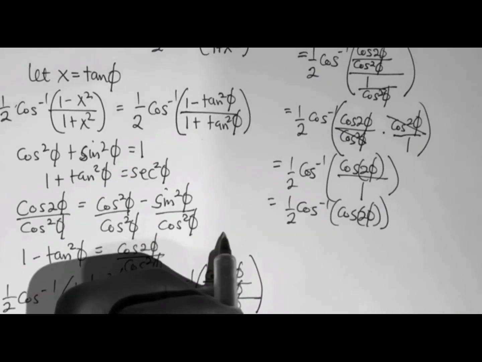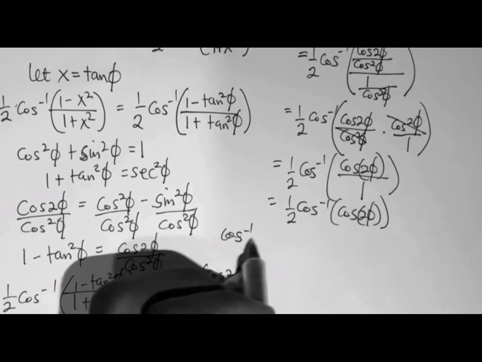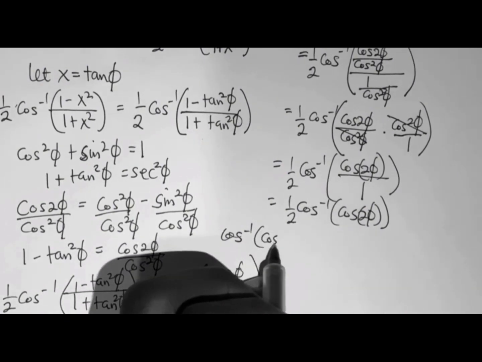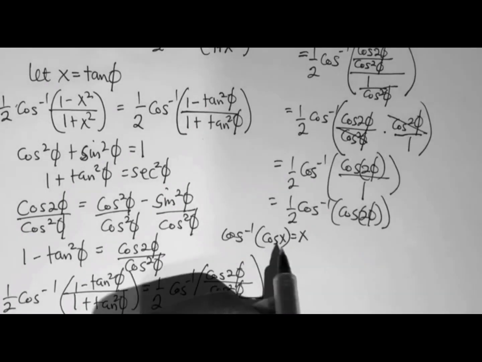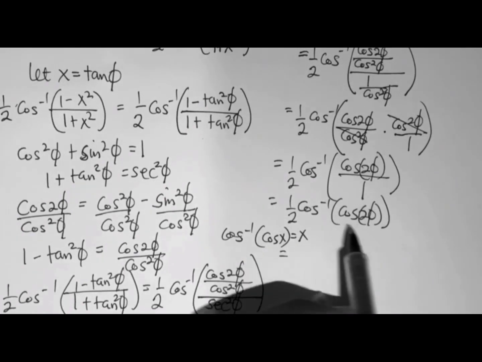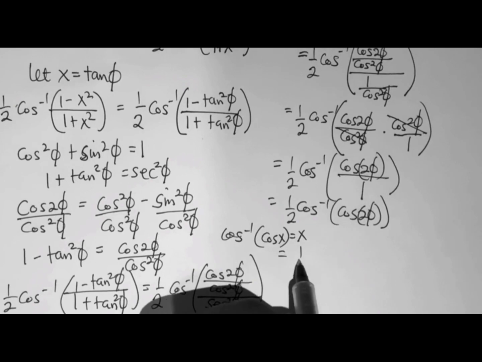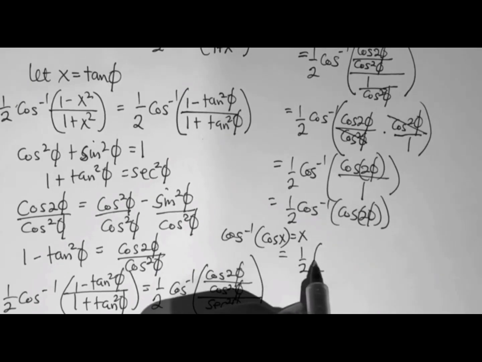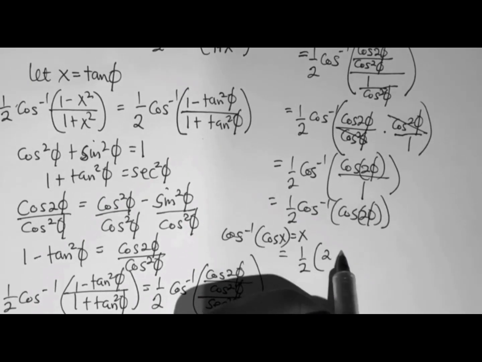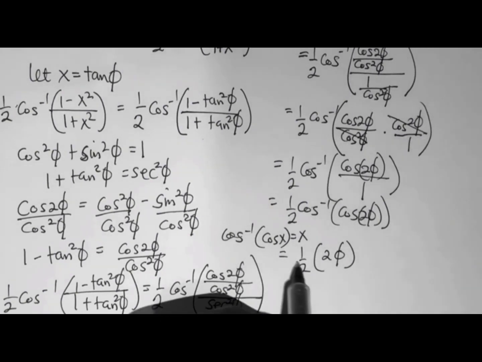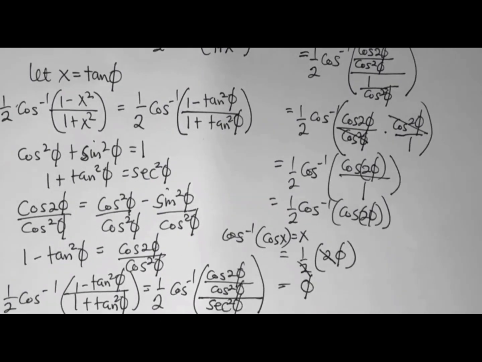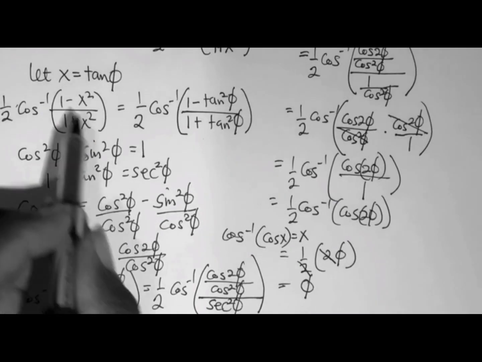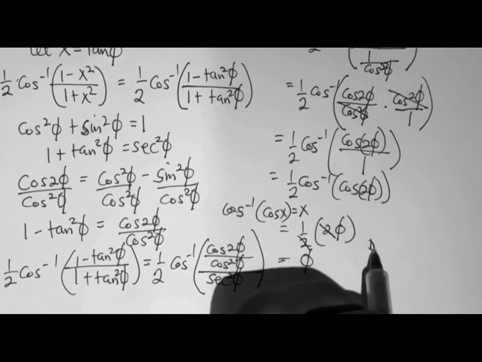But we know that cos inverse of cos of an angle is that angle. So cos inverse of cos x is equal to x. And therefore this becomes half of, then cos inverse of cos 2 phi is 2 phi. So half of 2 phi is just phi. But remember that we said x is equal to tan phi.